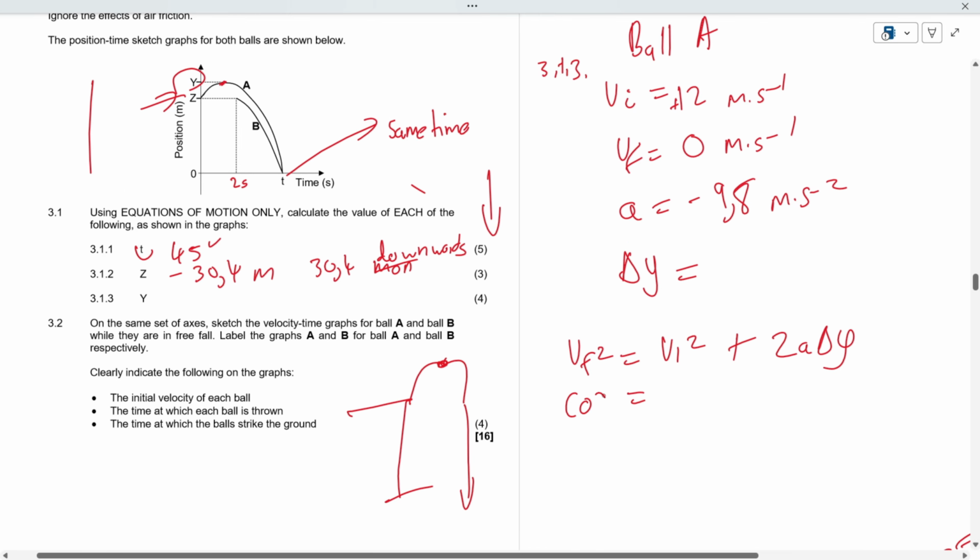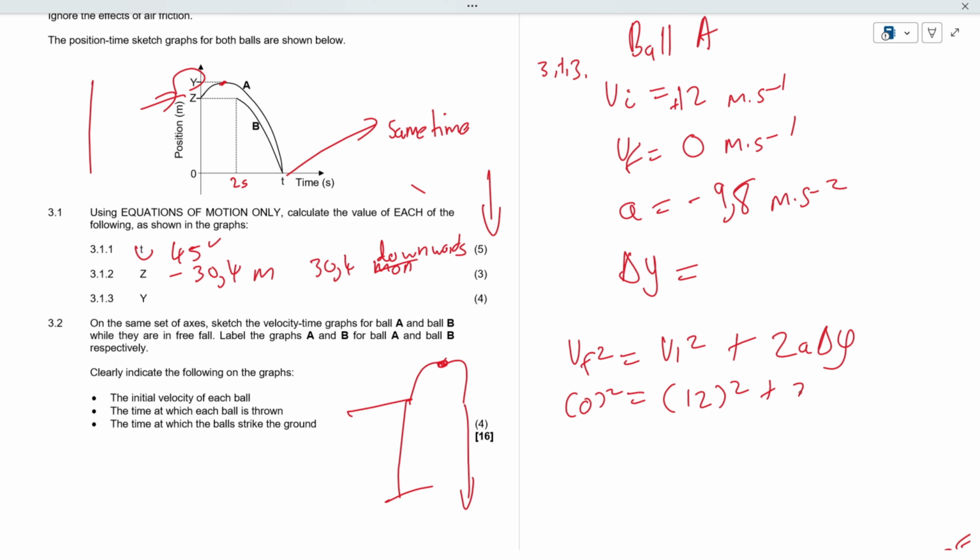So 0 squared equals 12 squared plus 2 into negative 9.8 into our change in y. So we have 0 equals 144 plus negative 19.6 change in y. Let me just confirm, because I'm having a brain freeze here.